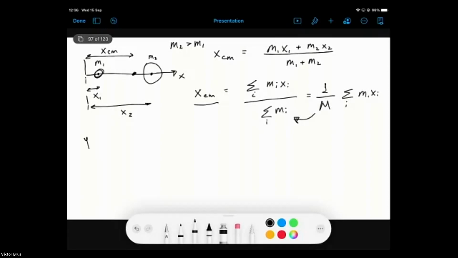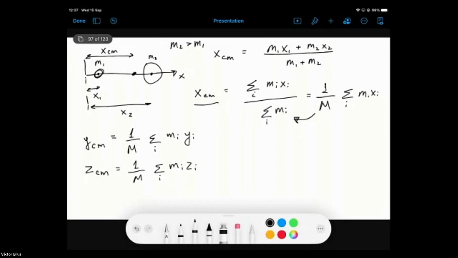So we can write the same for axis y: y center of mass is equal to 1 over the mass of the system times the sum over all bodies of mi times their position yi, and the position along axis z will be equal to 1 over capital M times the sum of mi times zi.